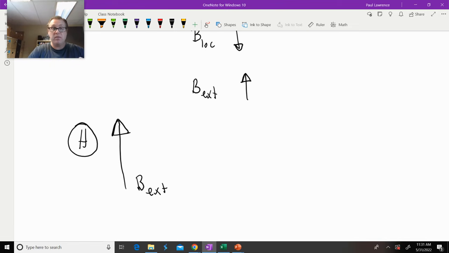But now we have to consider that there are also going to be electrons on this proton, and that's going to generate a local magnetic field that's going to oppose the external magnetic field.